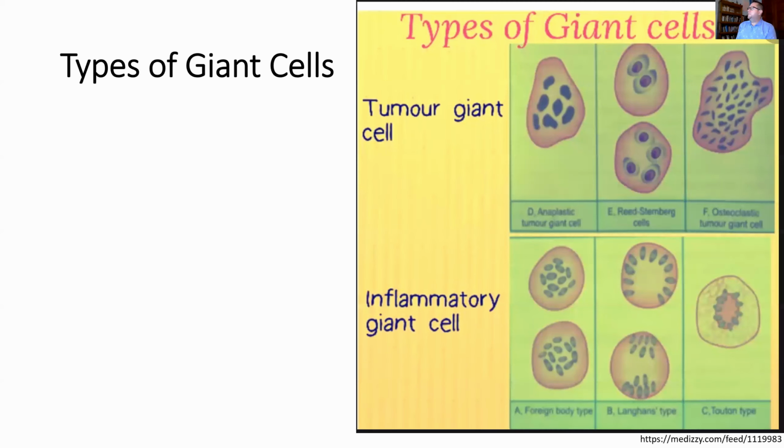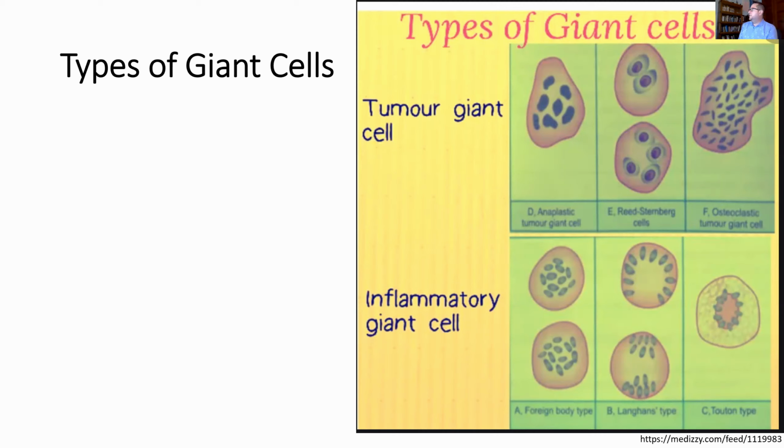And then here you can see subtyping of giant cells. This is just one general classification where giant cells are classified as associated with tumors and associated with inflammation. That's somewhat useful, like the Reed-Sternberg cells, where you have the owl's eye double nuclei.